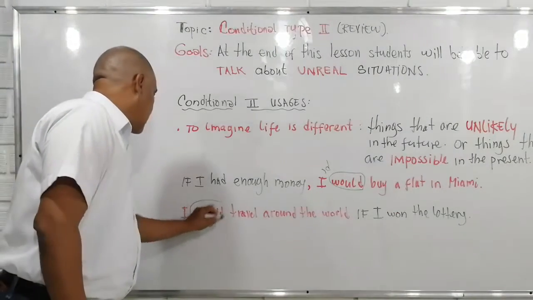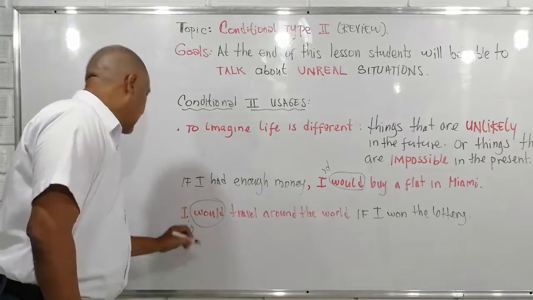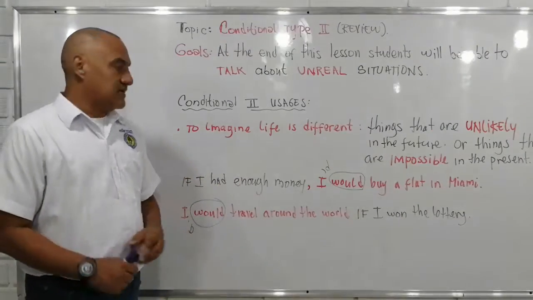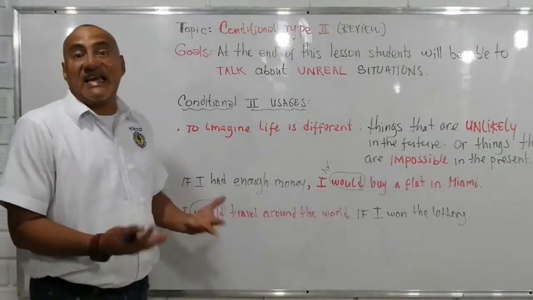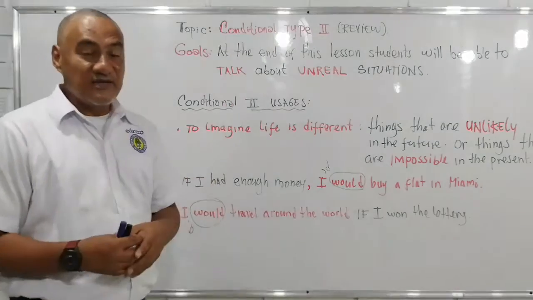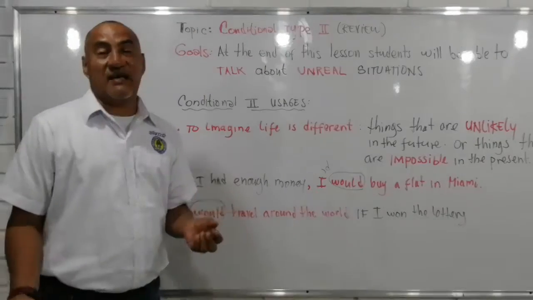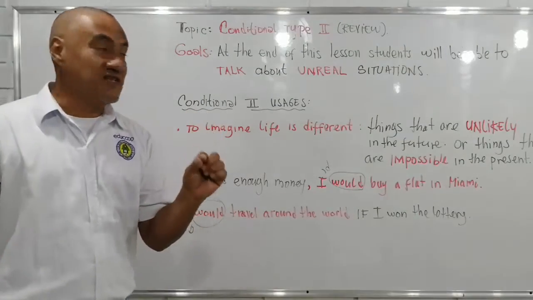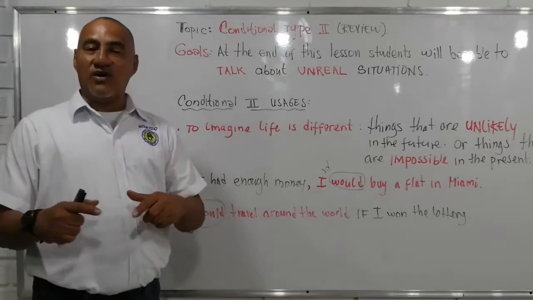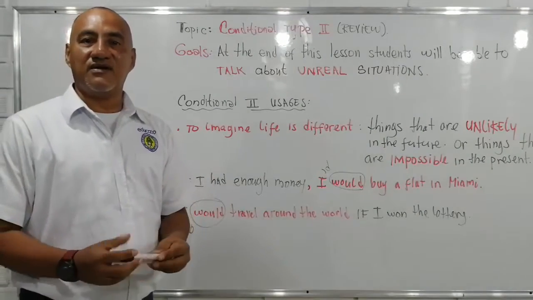Remember that here we can say I'd travel around the world if I won the lottery. Then it is unlikely in the future that I win the lottery. It's kind of difficult, so the possibility that it happens is very reduced. Then I will place more examples with the other usage.